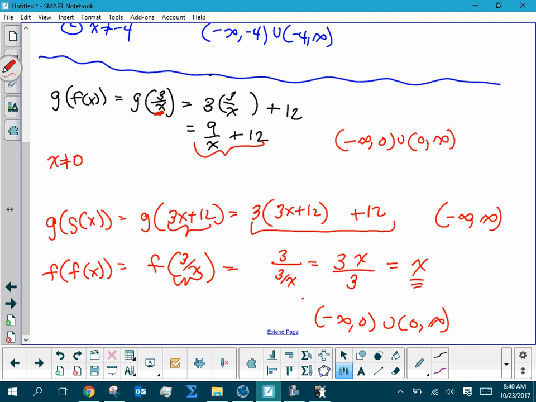What they probably won't accept is something like what we got on the bottom, F of F of X. If I leave it as 3 divided by 3 over X, I doubt they would accept that because they want you to recognize that there is algebra there that helps us simplify it and maybe at some point kick a domain value out or something like that. But that top one, because it's just in proper form, I don't think they're going to have a big issue with that.